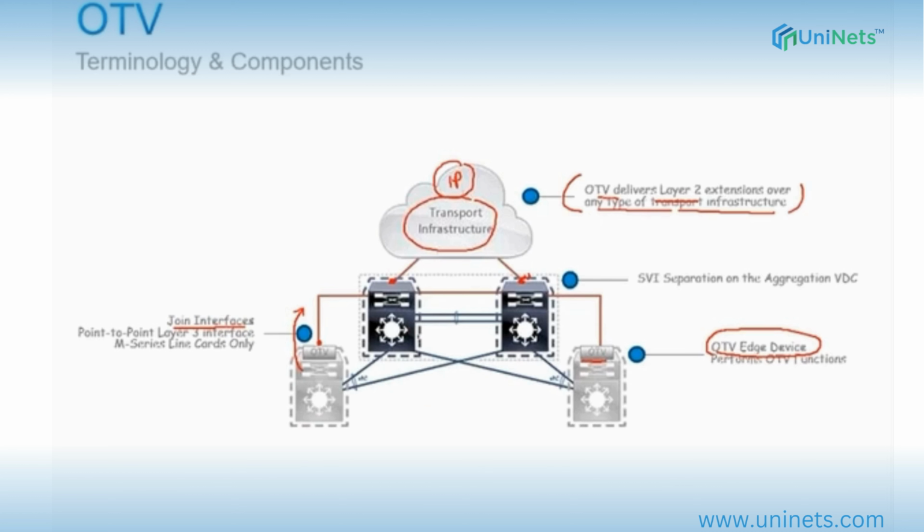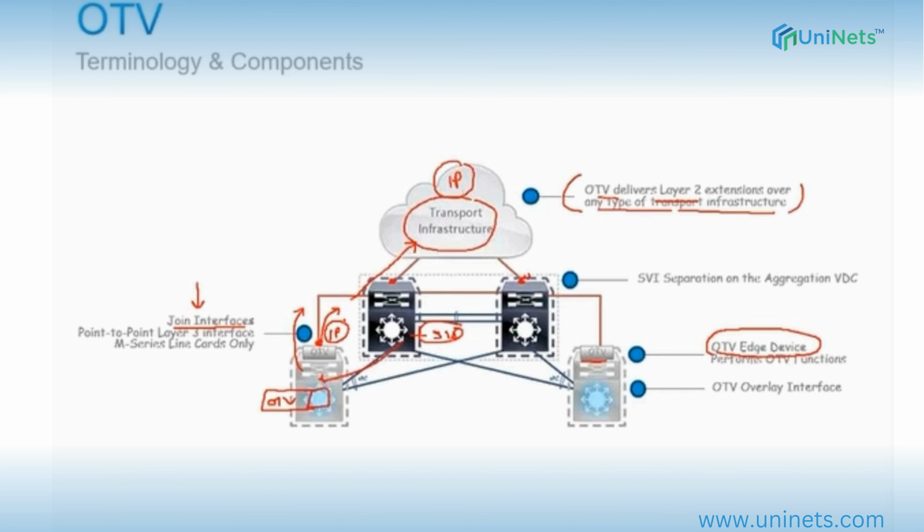The traffic from the traditional switch comes here as an Ethernet packet, the OTV packet header is applied, and from this device it goes to the IP network. So the interface through which your OTV packet exits to the network, we say as a join interface. And that interface should be a layer 3 interface. I mean, it must have IP configured on this interface.